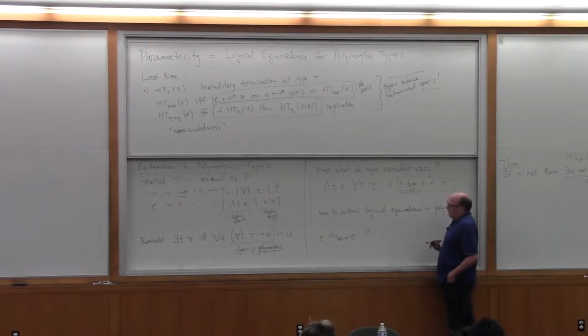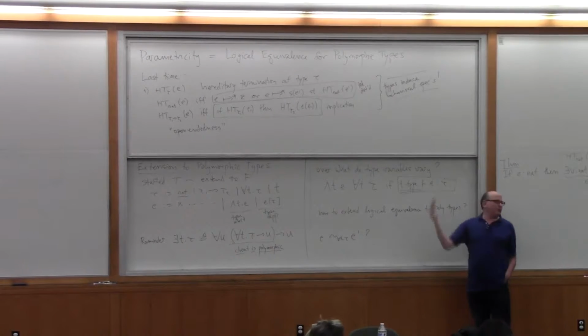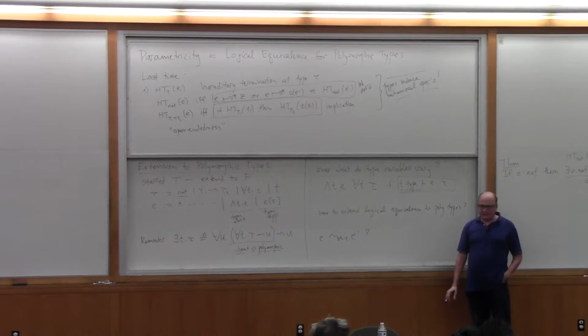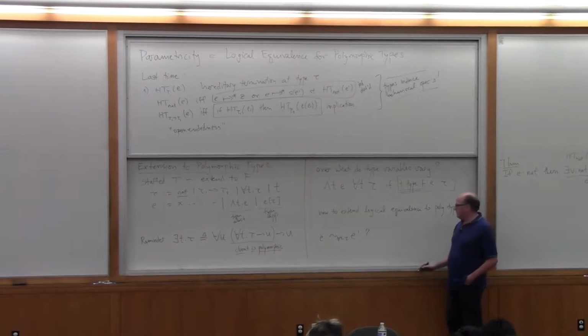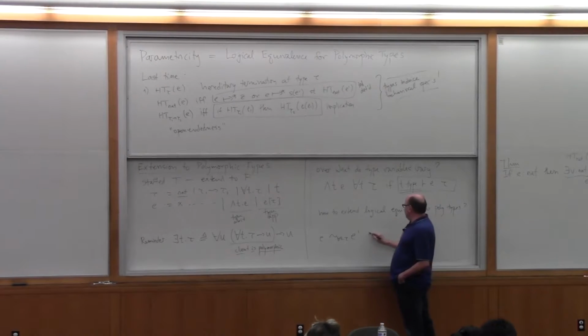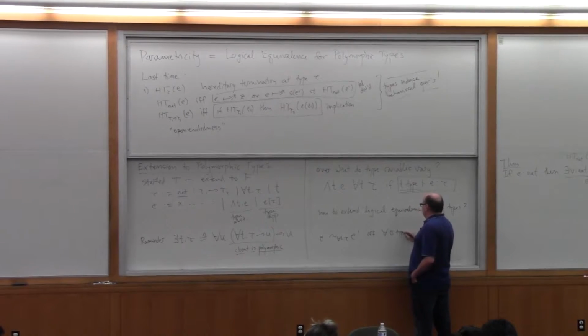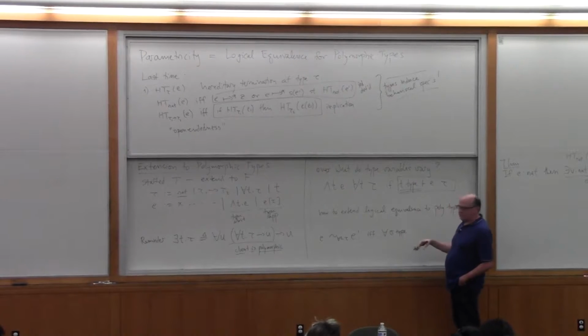So the question is, how do you define this? So here's what anybody and their brother would do, okay? If I just sat you down and said, you have 10 minutes, write it down, okay? Well, the only thing you could possibly guess is you would say, well, let's define this as: for every type sigma, I'll use sigma and tau both for types in this lecture.